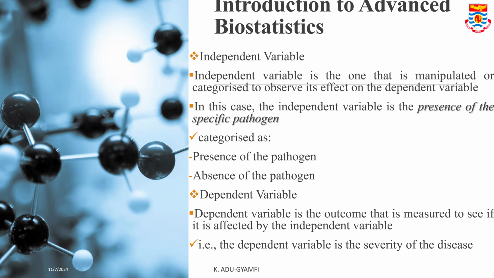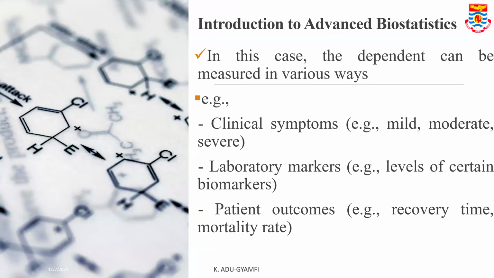The dependent variable is the outcome that is measured to see the effect of the independent variable. In this case, it is the severity of the disease. So the dependent can be measured in several ways here. If I'm looking for clinical symptoms, it can be mild, moderate, and severe.